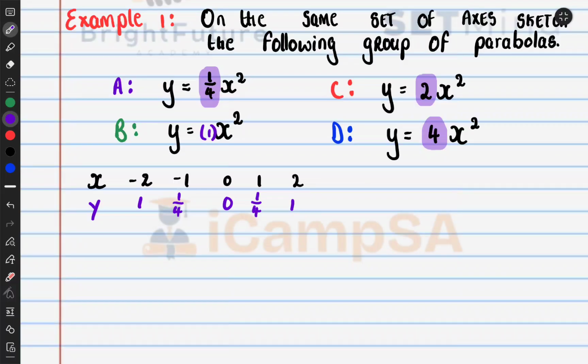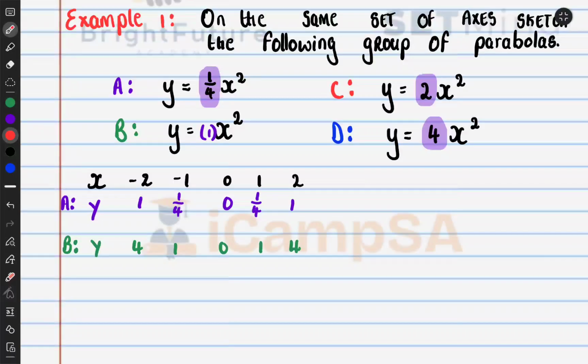Okay, and then next, for the following function, which is b, the corresponding y values for function b: y is equal to x squared, so it's just gonna be 4. That's the parent function. If you remember, we're gonna have 4, 1, 0, 1, 4.